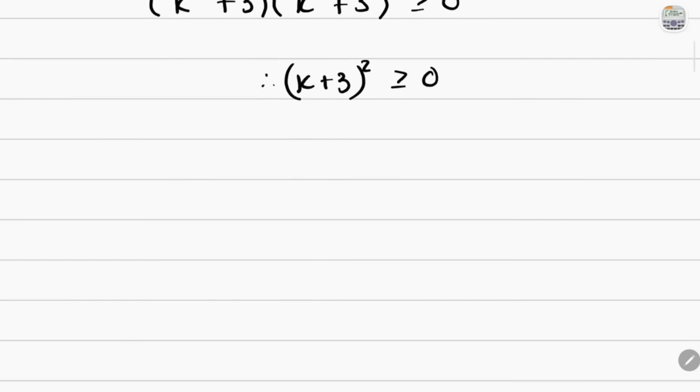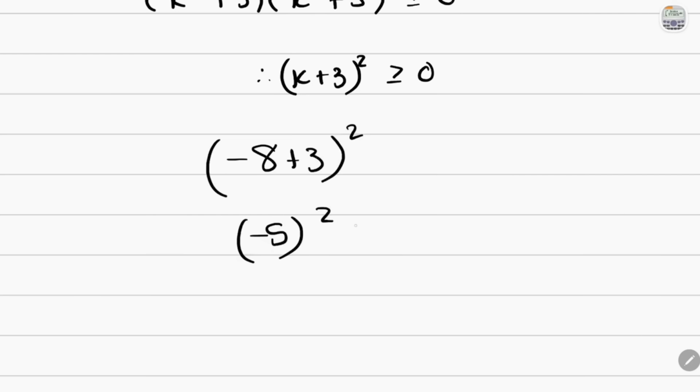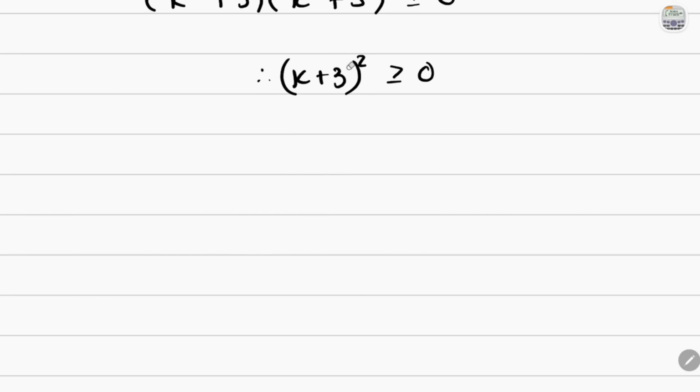The minute you square it, it's always going to be greater than or equal to 0. Even if I put negative 8 plus 3, which gives me negative 5, I then square it and it's a value greater than 0. So the lowest value this expression can be is 0, because if k was equal to negative 3 and we said plus 3, and you squared that, it would just give you 0.